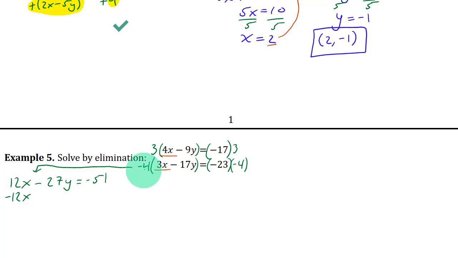And then we have negative 4 times negative 17 gives you positive 68y. And then negative 4 times negative 23 is going to be 92.